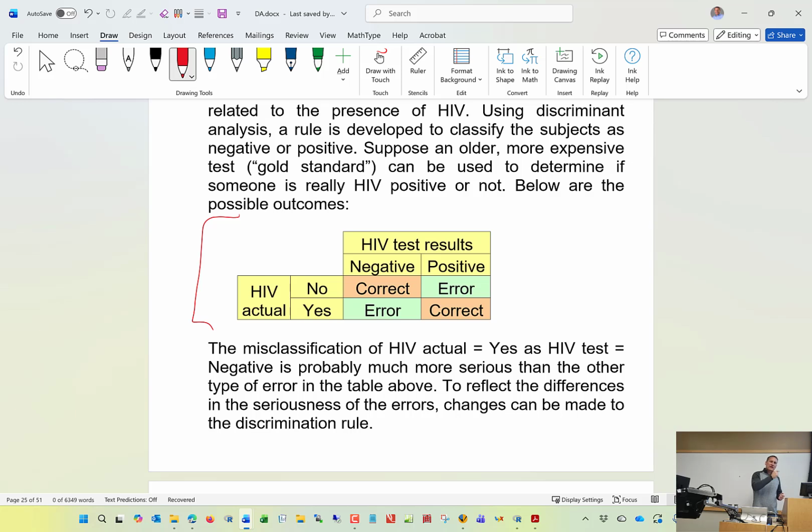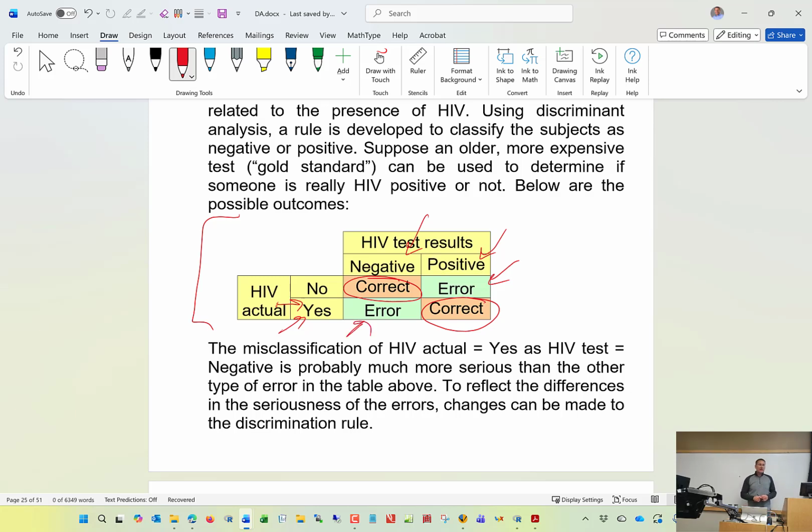And so you give this test to these people, and then you record the results corresponding to whether they are truly positive or not. Of course, if a person does not have HIV and a negative test result comes about, we made a correct choice. If they do have HIV and it's a positive test, we made a correct choice, but then we can also have an incorrect choice too.